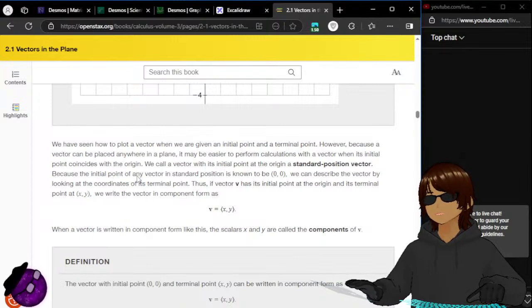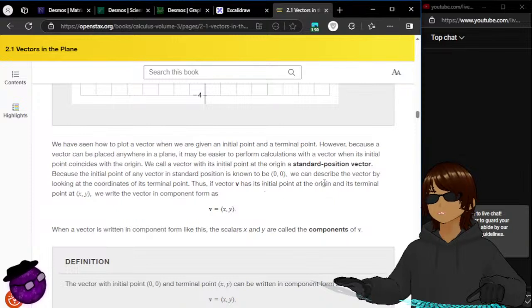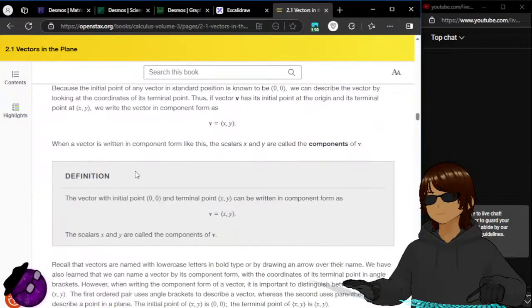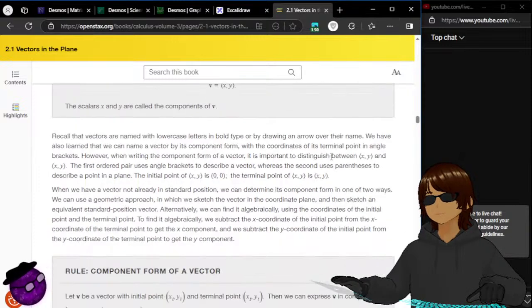Because the initial point of any vector in standard position is known to be 0, 0, we can describe the vector by looking at the coordinates of its terminal point. Thus, if vector v has its initial point at the origin and its terminal point at x, y, we can write the vector in component form as v is equal to <x, y>. When a vector is written in component form like this, the scalars x and y are called the components of v.